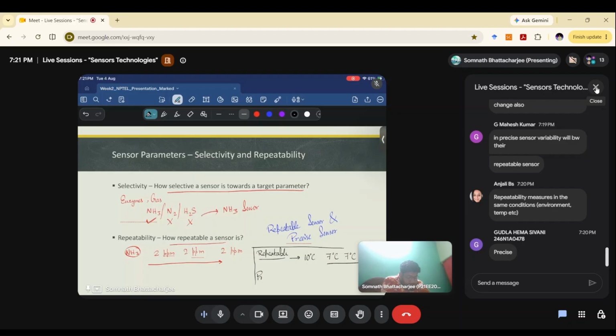Now let's move on to the next one, that is called a dead band. So what is a dead band? Just let me draw it. So a sensor that has characteristics something like this, right?